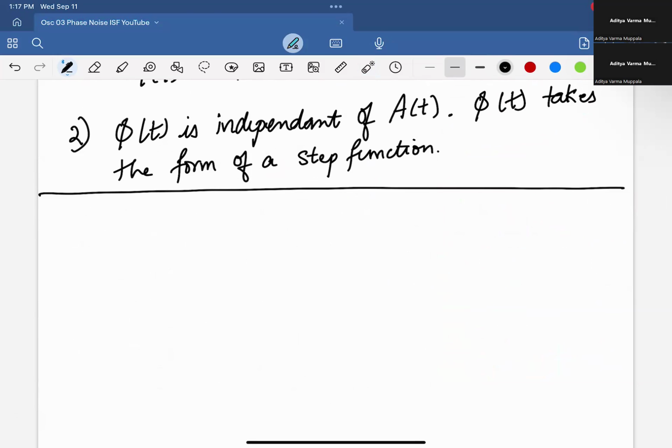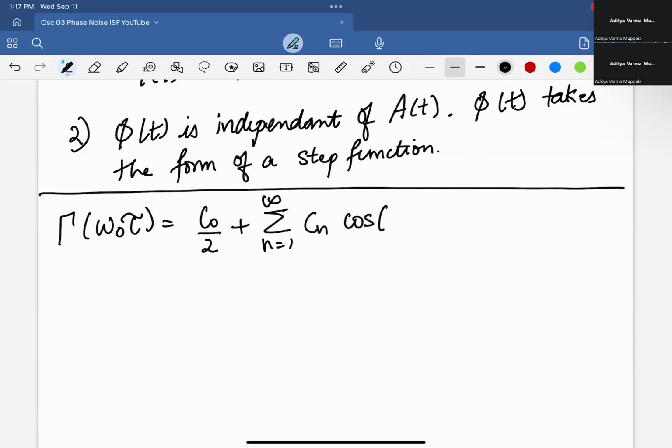Okay, so we left off last time deriving this part. So we said you can expand the gamma function, the ISF, in terms of a Fourier series. So let me just write that out. We said that gamma of omega naught tau can be written as C naught over 2 plus sigma n equal to 1 to infinity Cn cosine of n omega naught tau plus theta n.